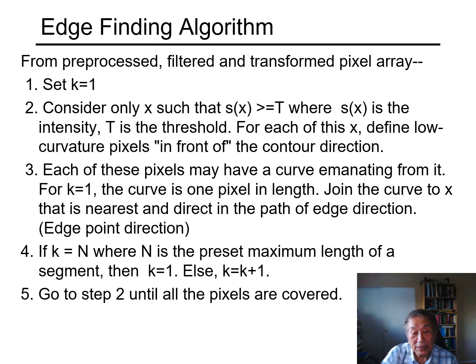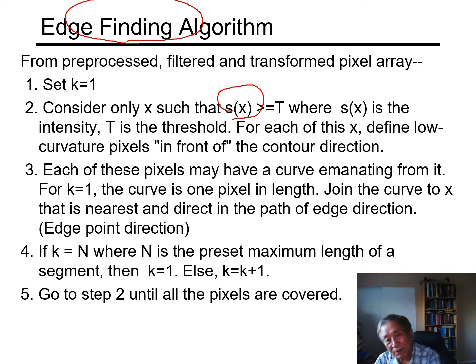So this is an edge finding algorithm. I don't want to go into all the detail, but what you do is keep moving, and if the intensity value differs by more than T, a certain threshold. A threshold in a house is a little bit of structure separating two rooms.